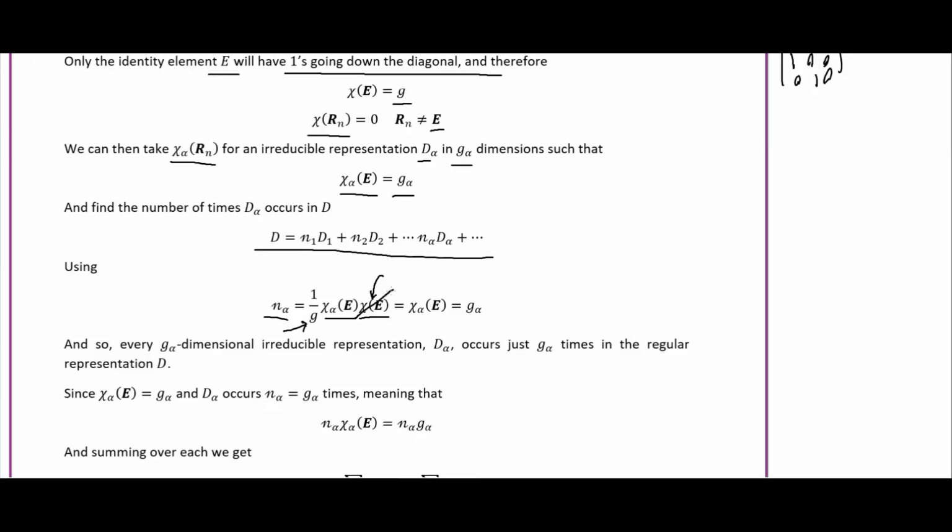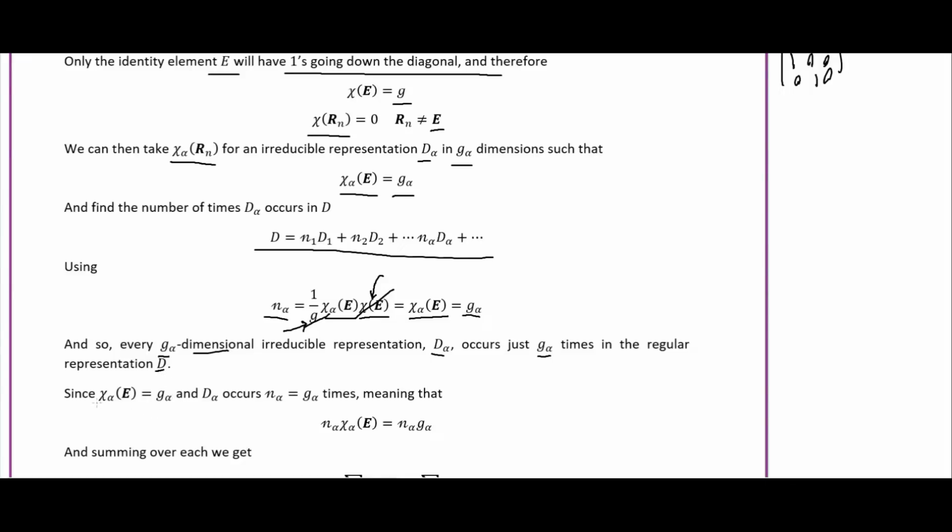So that effectively just cancels those two things out. And so it just ends up being equal to the character of the alpha g. And so that is equal to the g alpha. And so every g alpha dimensional irreducible representation, d alpha, occurs just g alpha times in the regular representation d.